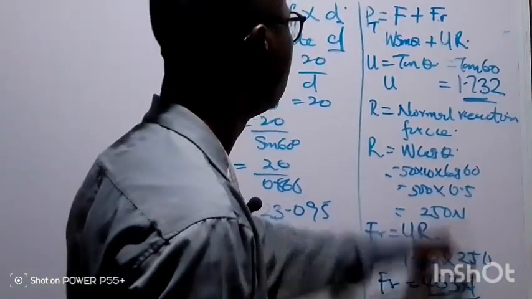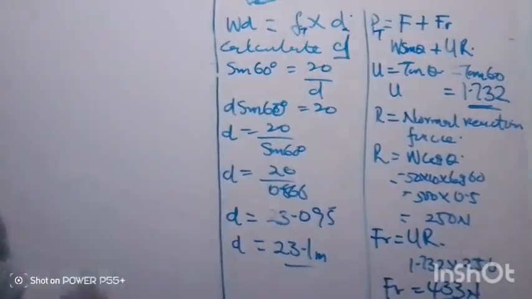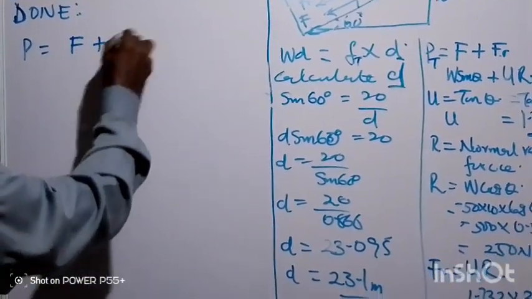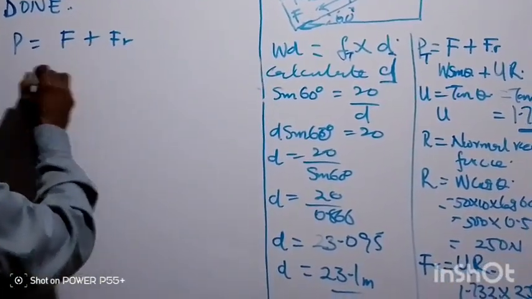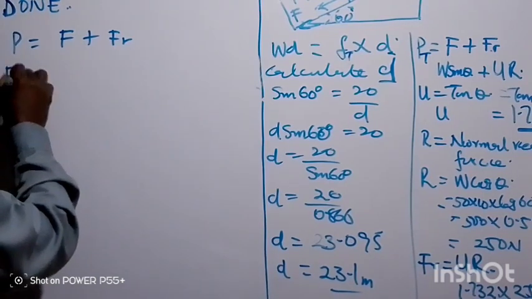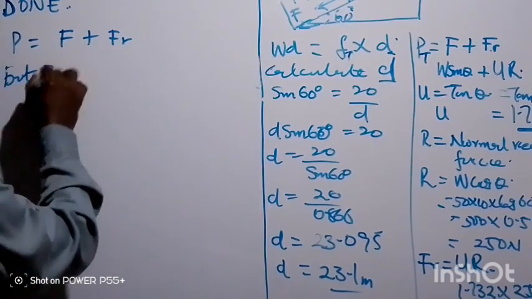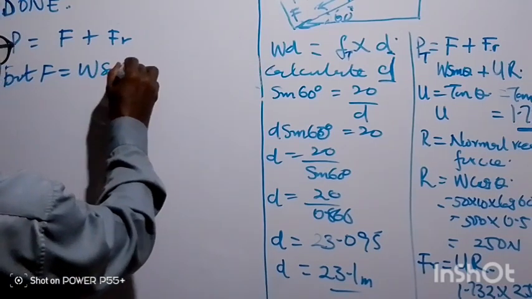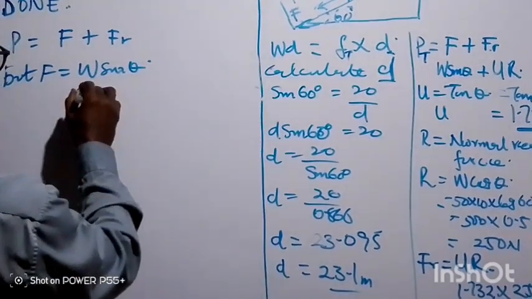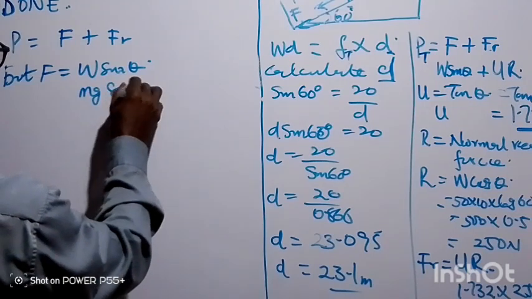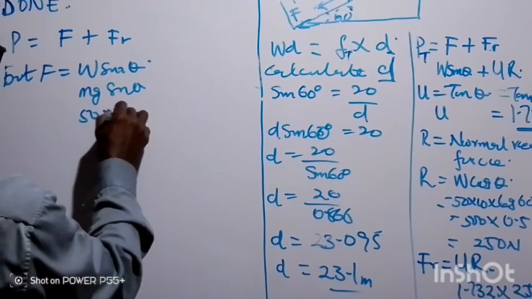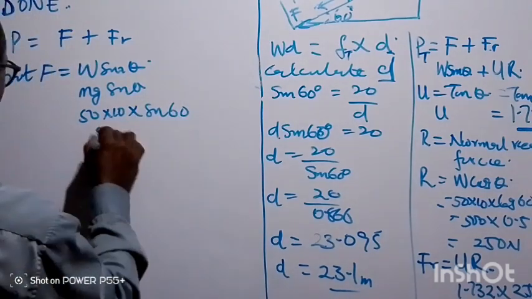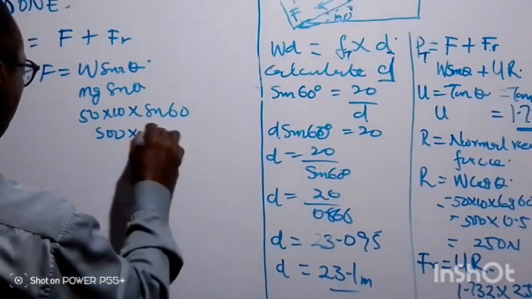Then let's find F out. P is equal to F plus Fr. F is equal to W sine theta, so that will give us mg sine theta. That's 50 multiplied by 10 multiplied by sine 60. So this will give us 500 multiplied by 0.866.